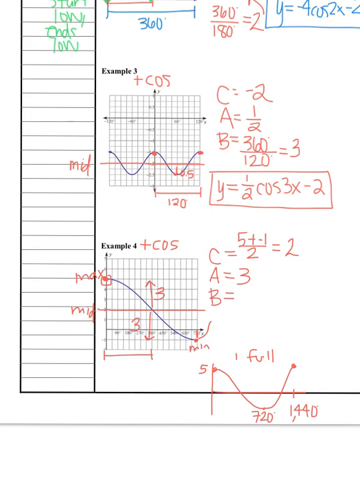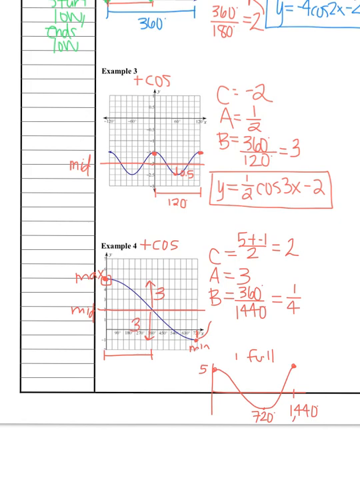So to find your B value, we take the 360 degrees and divide by the 1,440 degrees for the full cycle. And when we divide that out, we get 1/4 or 0.25. So we're actually only seeing in 360 degrees 1/4 of the graph.